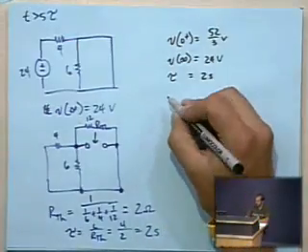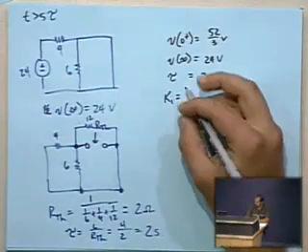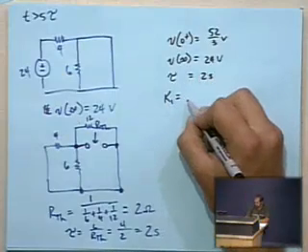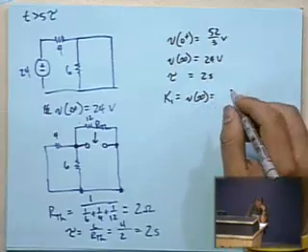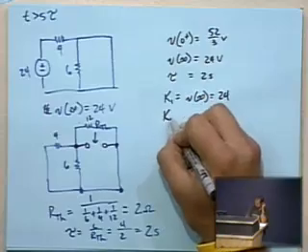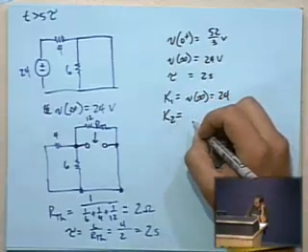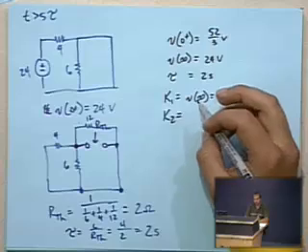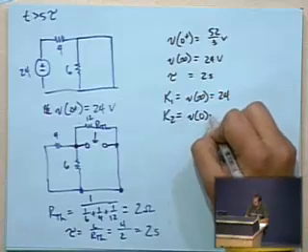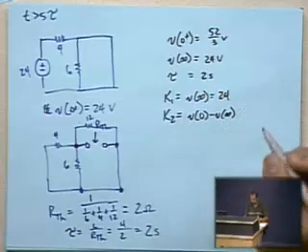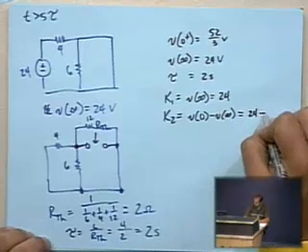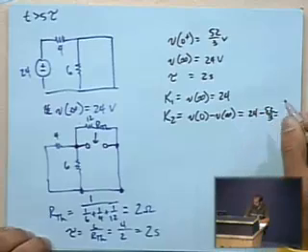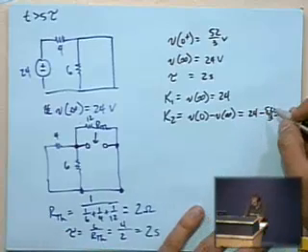So K1 simply equals V of infinity, and that's 24. K2 equals the V of 0 minus the V of infinity. I think that's right. And so that's 24 minus 52 over 3, which should give us negative 20 over 3.